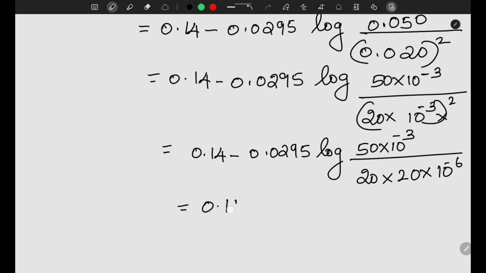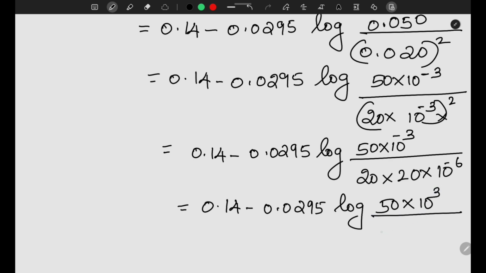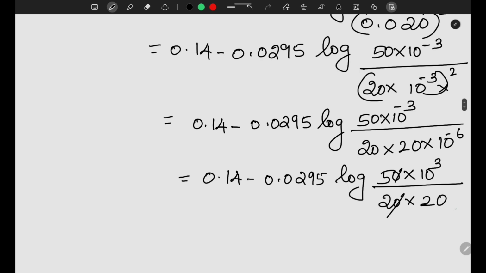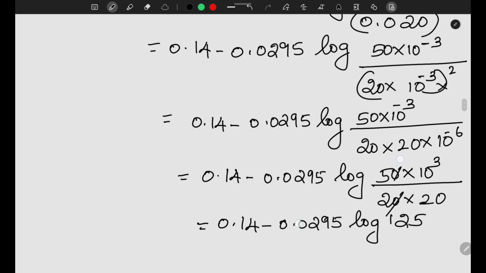So that is equal to 0.0295 log 50 into 10 raised to 3 divided by 20 into 20. So that will be 5000 divided by 40. 0.0295 log 5 by 4. So log 125.